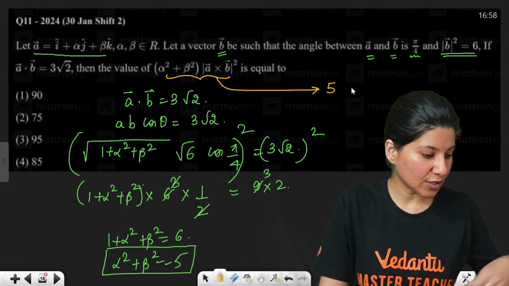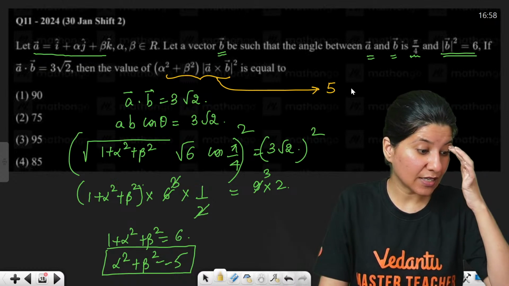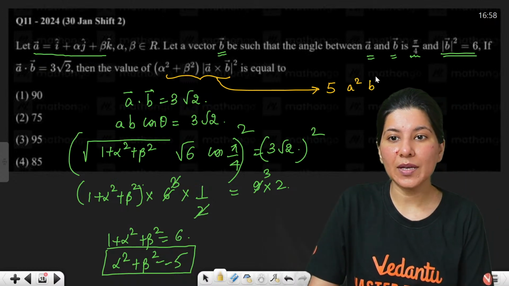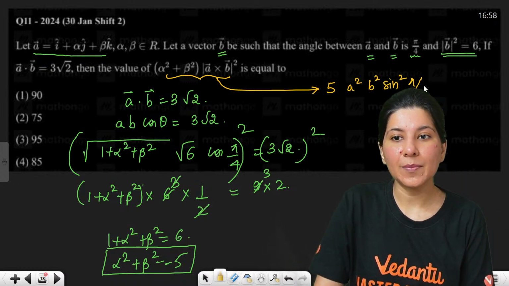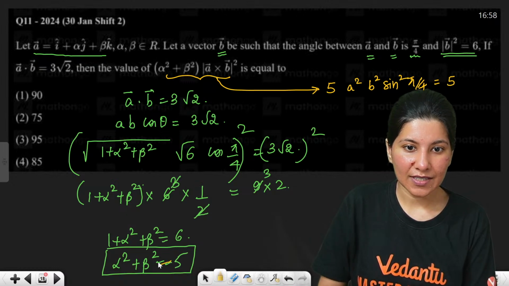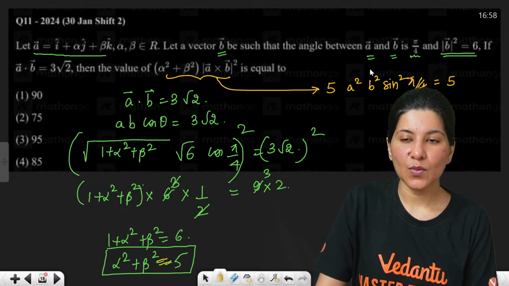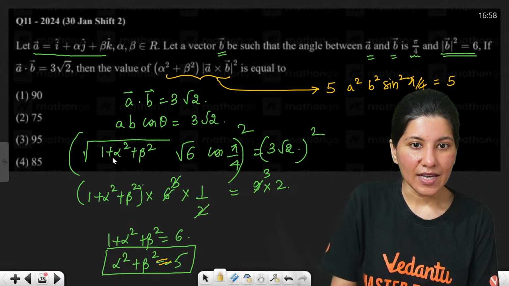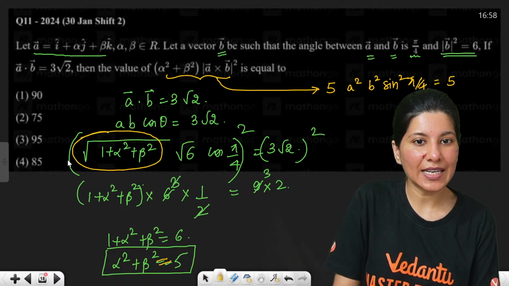And now A cross B whole square. Understand? A cross B whole square is what? A square B square sine square pi by 4. So this is 5 A square. A square will be what? From here you can get the A square.